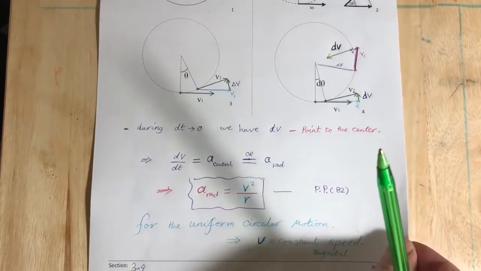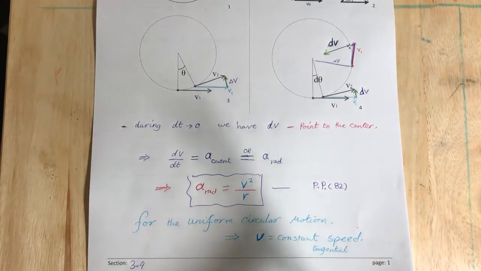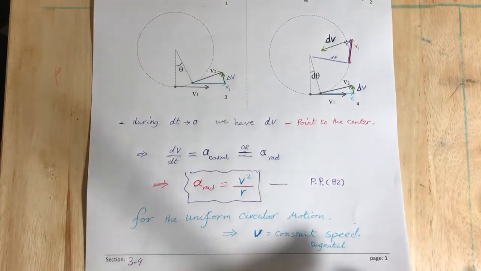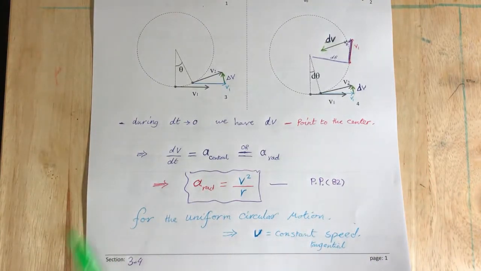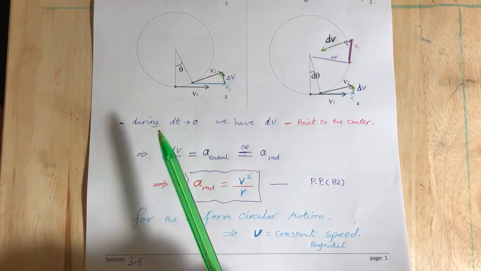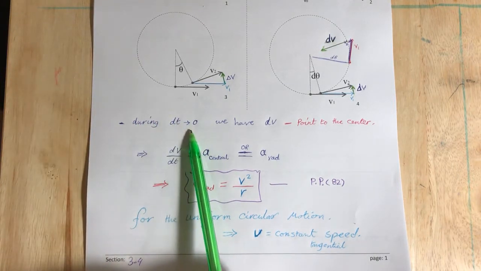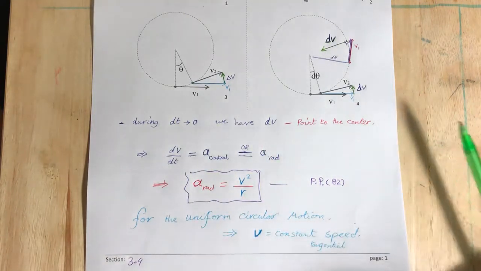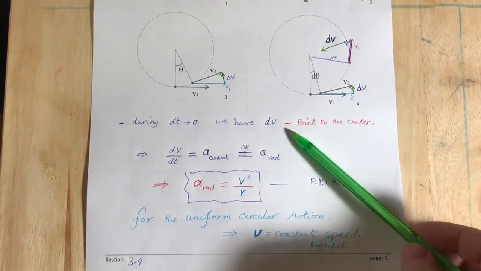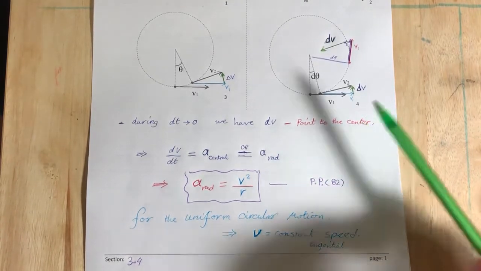This is just to understand why the next concepts appear as they do. As dt goes to 0, we have dv, the change in velocity, and this dv will point to the center.